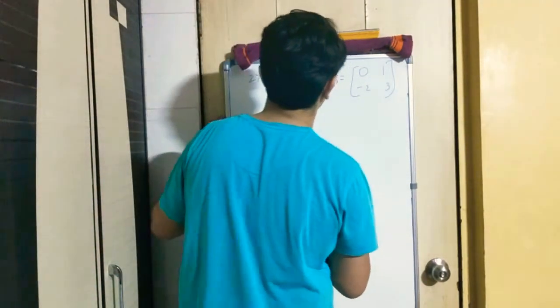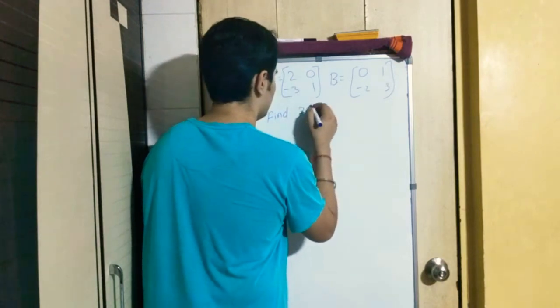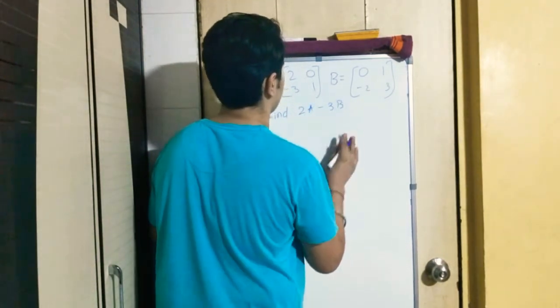I hope the board is straight. Find 2A minus 3B.